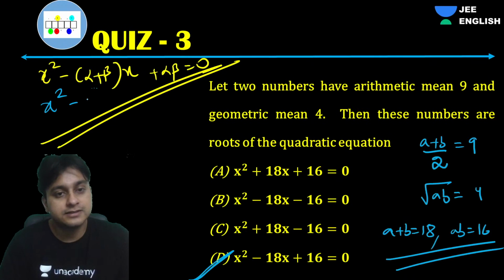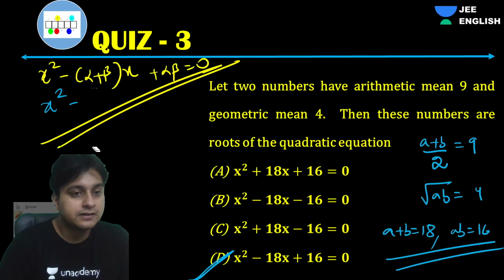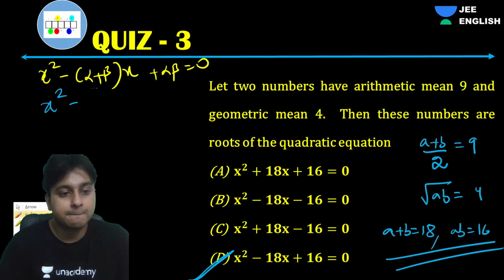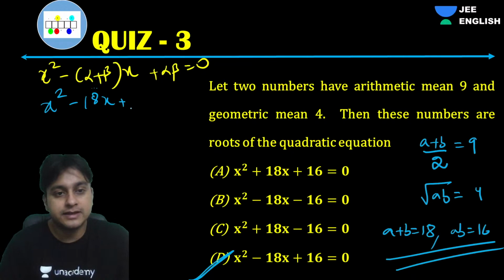Square minus x plus alpha beta, that is 6, right?